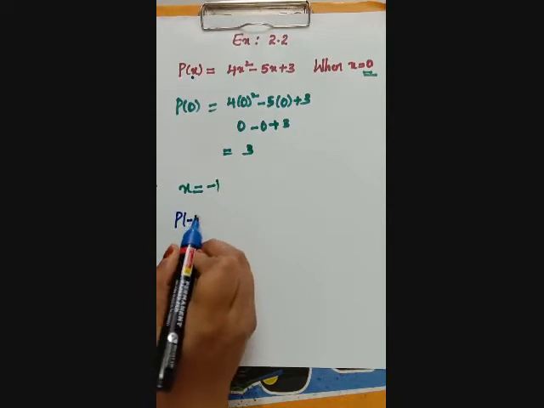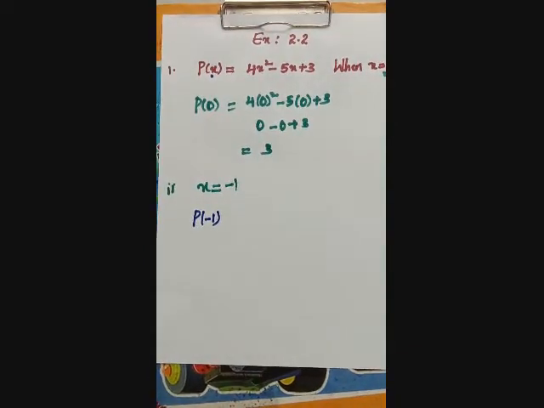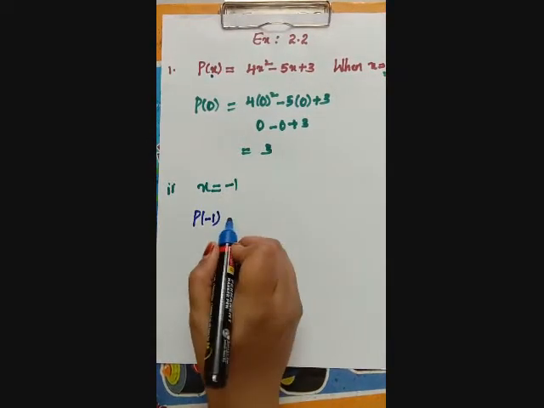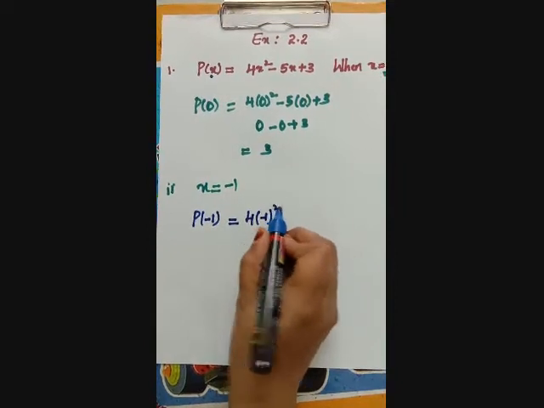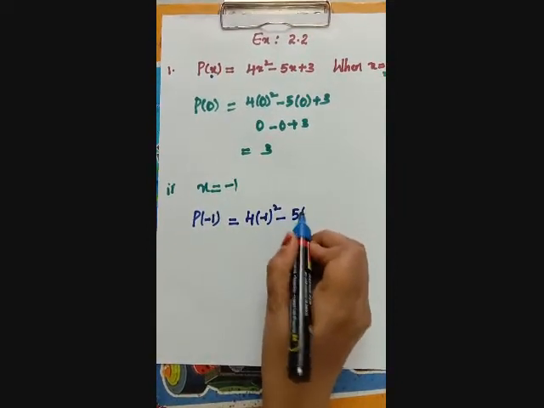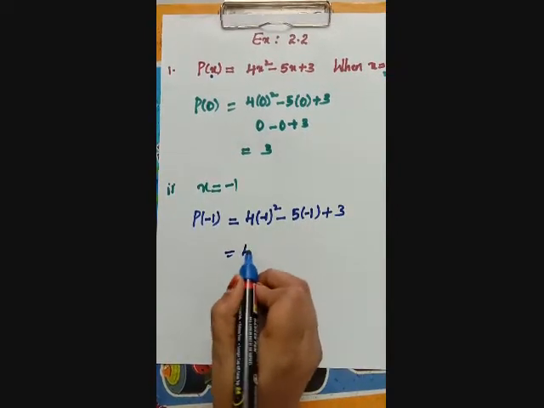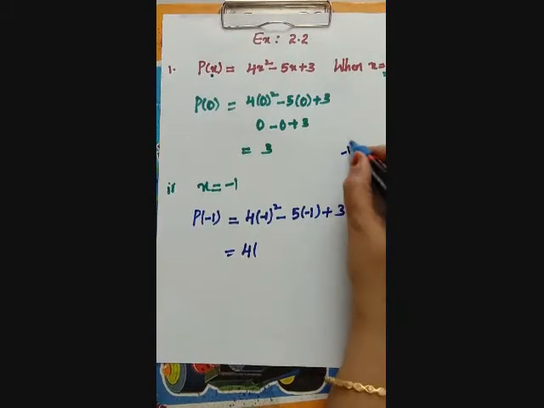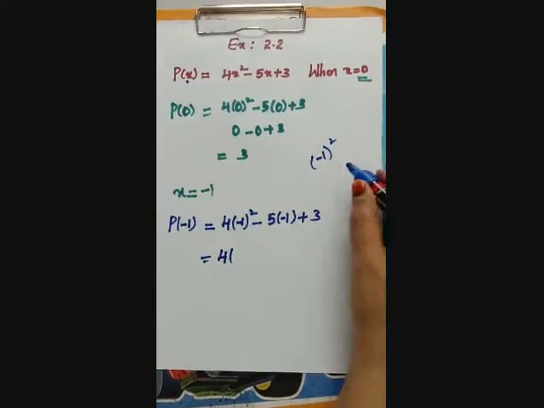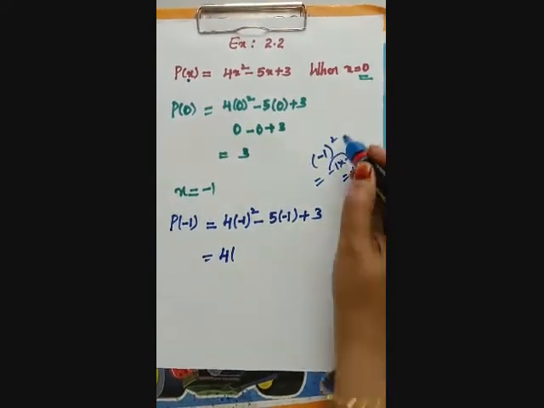P of minus 1 is equal to 4 into minus 1 whole square minus 5 into minus 1 plus 3. Minus 1 whole square means minus 1 into minus 1, so minus into minus is plus 1.